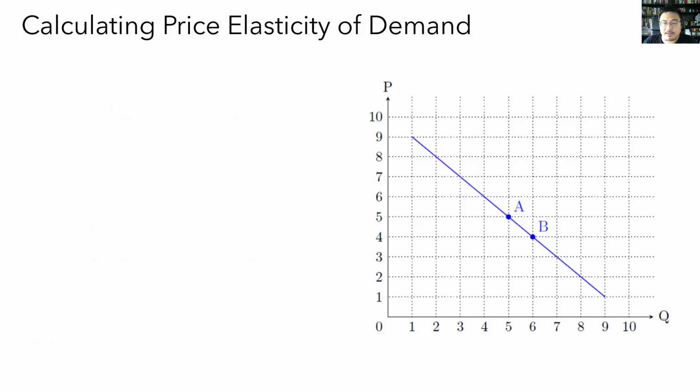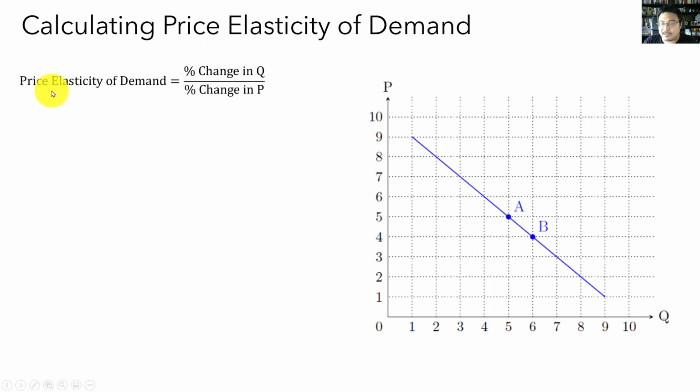Now let's do an example for how to calculate price elasticity of demand between 2 points. For this example, we'll be calculating price elasticity of demand between point A and point B here on this demand curve. To do that, we're going to start with the definition of price elasticity of demand, which is this.